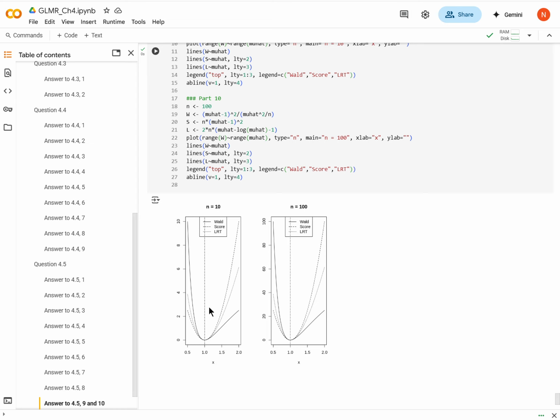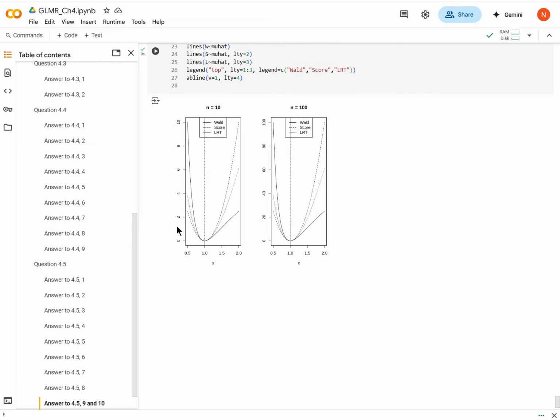We're also supposed to comment, but that's very vague. I have a tough time understanding exactly what we're supposed to comment on. But if we look at these with the sample size of 10 versus 100, there's a few things maybe to comment on.